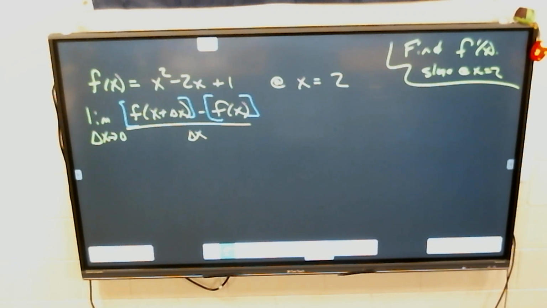So the theme doesn't change anything. In place of f of 2, you're gonna put 1. 4 minus 4 is 0, 0 plus 3.